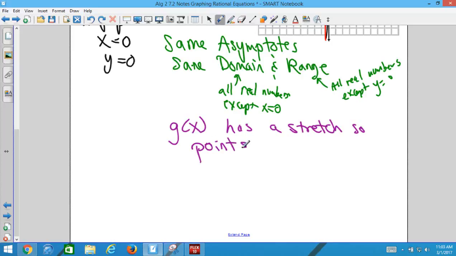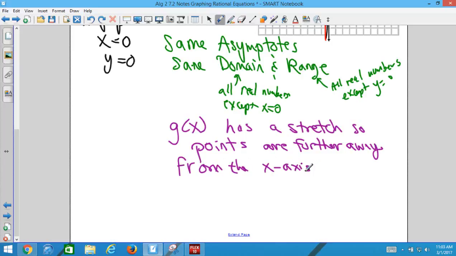I'm writing even more detail than you may come up with on your own, but since it has a vertical stretch, the points are further away from the x-axis.